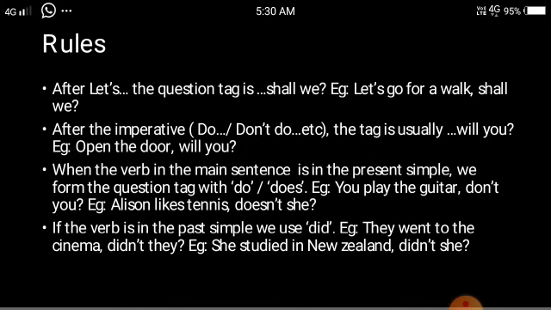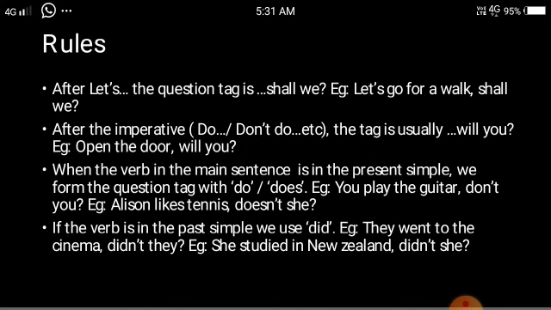Next. If the verb is in the past simple, if it is in the present, then do or does. If it is in the past simple, then the verb that you have to use is did. They went to the cinema. Went is past form. They went to the cinema. Didn't they?